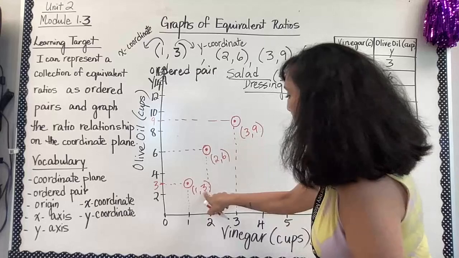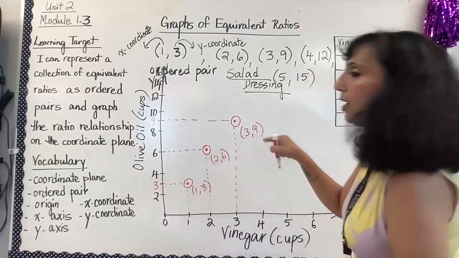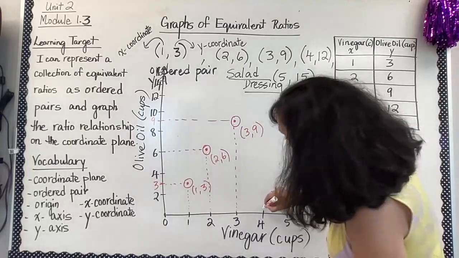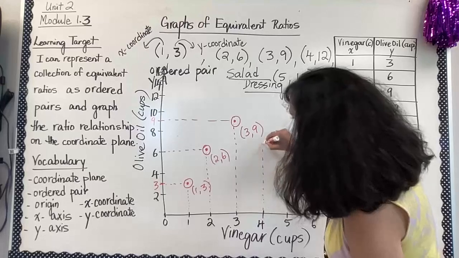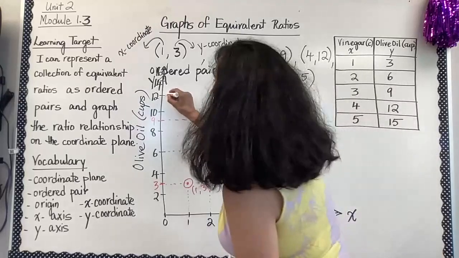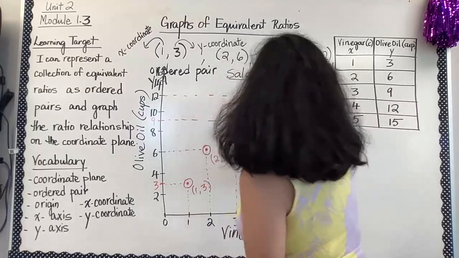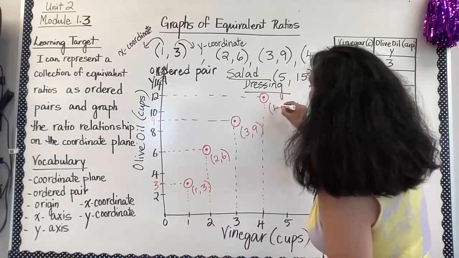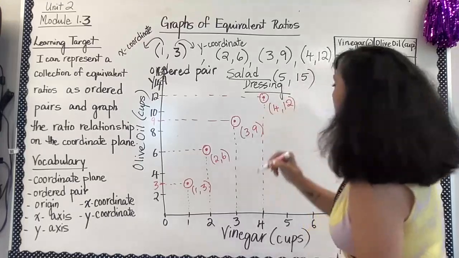This is always x. This is y. X, y, x, y. And then for 4, we go from here again, and we have 12, so this comes from this side. And this is my 4, 12.